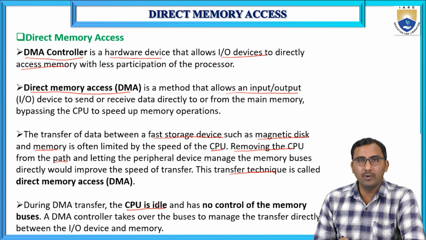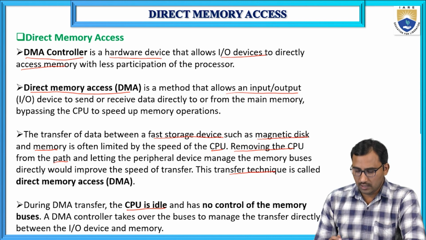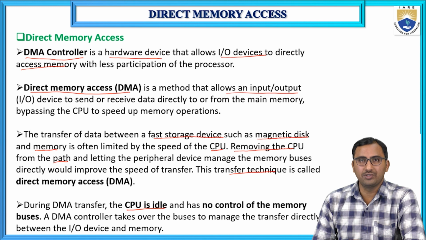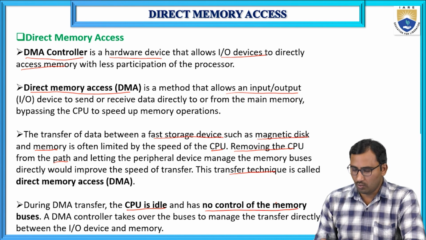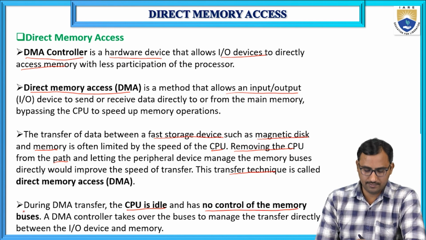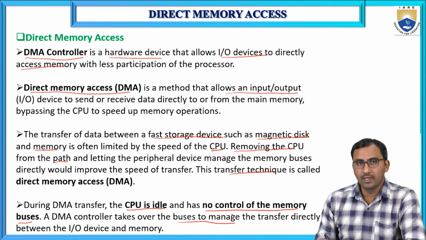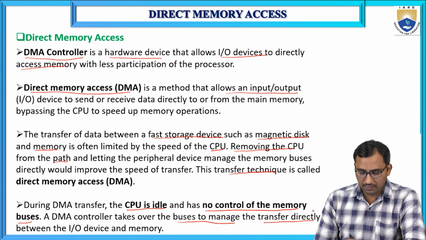That means the CPU will not do any operation during this data transfer, and it doesn't have any control over the memory buses. The DMA controller takes over the buses to manage the transfer directly between the IO device and the memory.